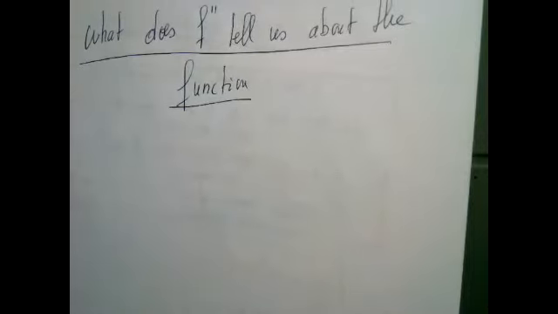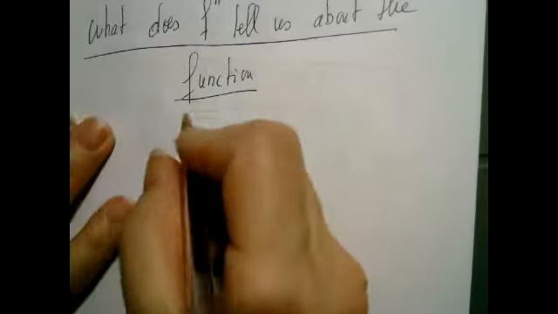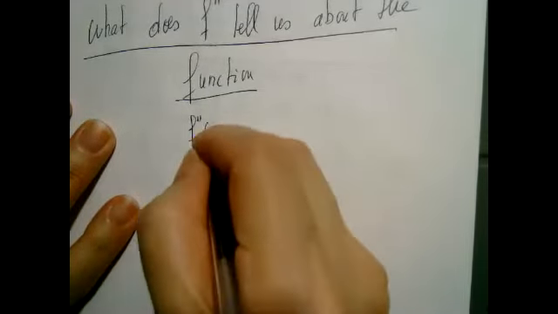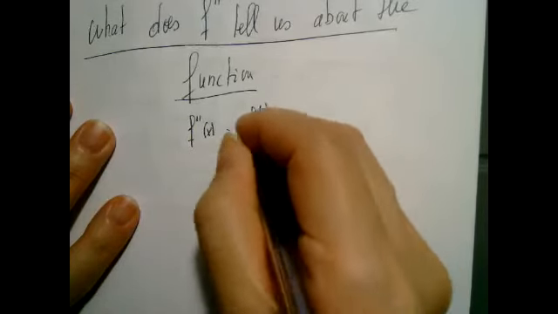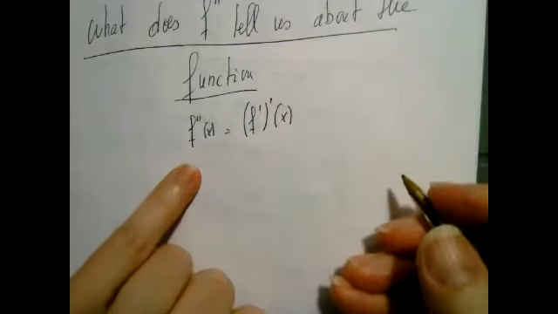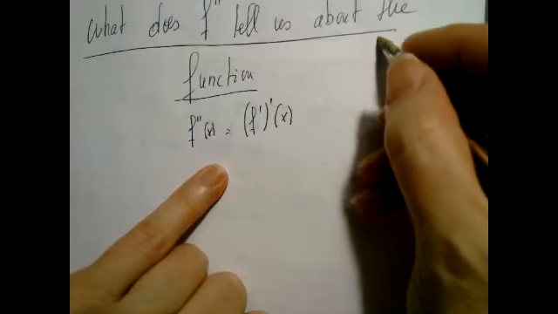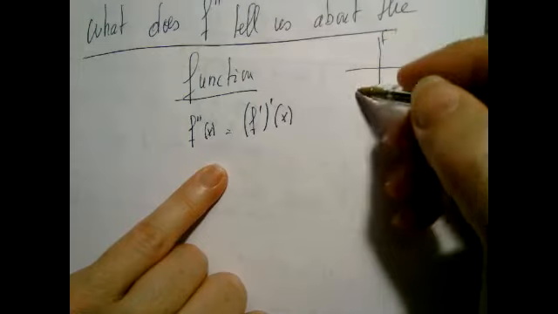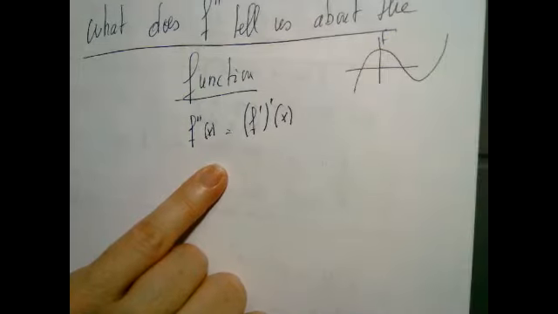Okay, so first let us remember what the second derivative is. The second derivative of a function is the derivative of the derivative itself. So if you have a function, the original function goes like that, for example. That's f.